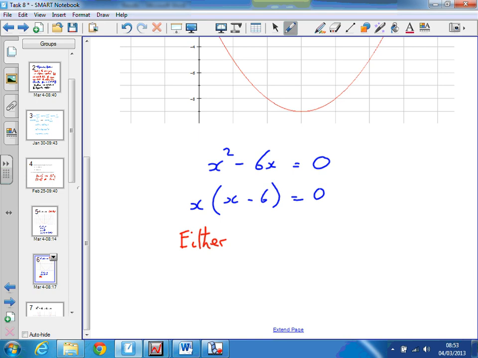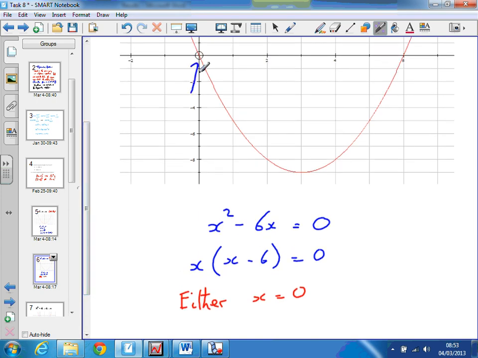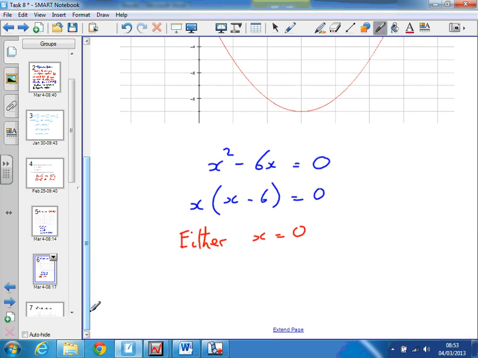Either x equals 0, because if x equals 0, the x outside the bracket is 0, it doesn't matter what's inside the bracket, the answer is going to be 0. So one solution is x equals 0. And that agrees with what we were saying a minute or two ago. One of the solutions is always 0. So either x equals 0 or the bracket equals 0.